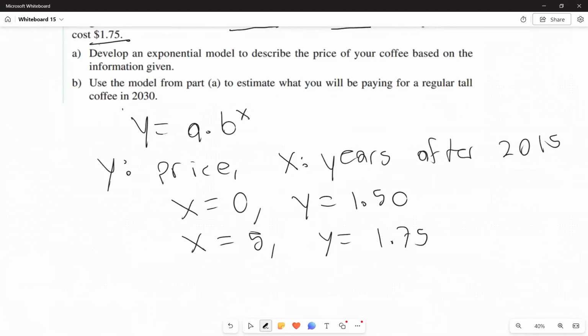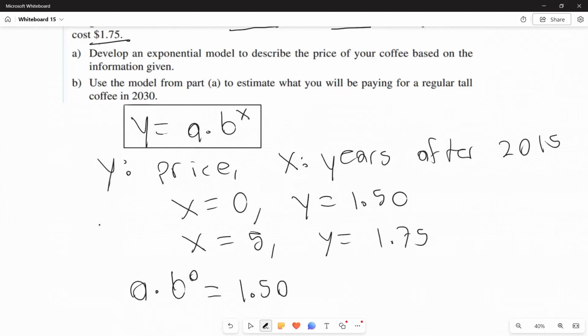So we are going to plug it into this equation. So let's plug it in. So A times B to the power of 0 is 1.50. But in the section about exponents, it was mentioned that any number raised to the power of 0 is 1.